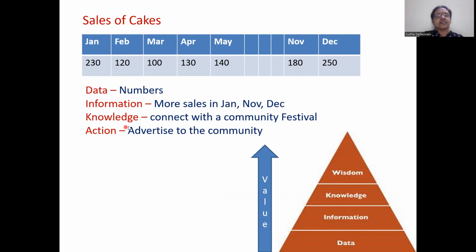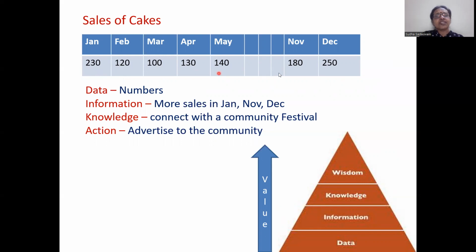These elements are discussed with this example. What is data? Data is nothing but the numbers which represent the sales of cakes, like 230, 250, and so on. What is information? Information is some value that is extracted from this data.